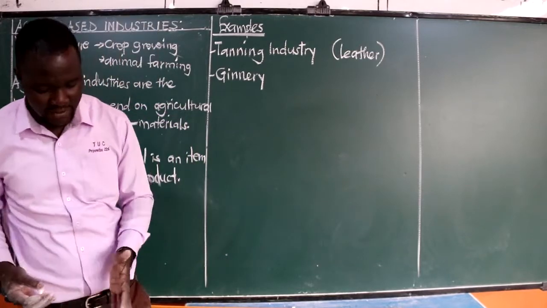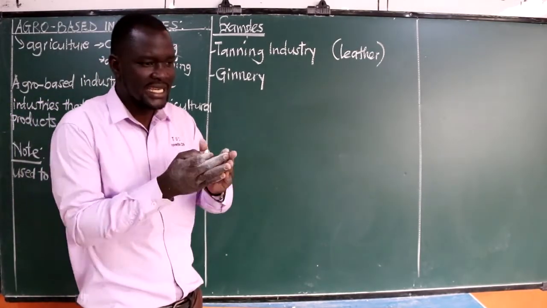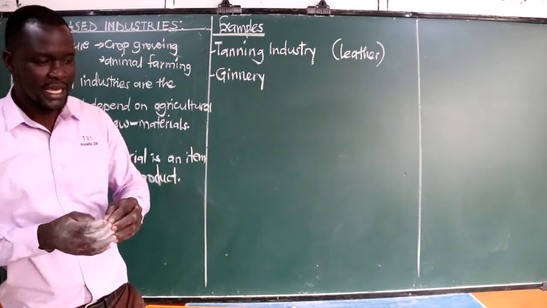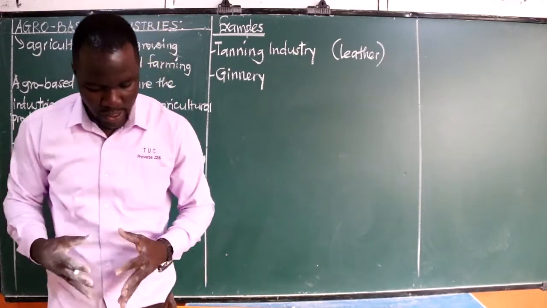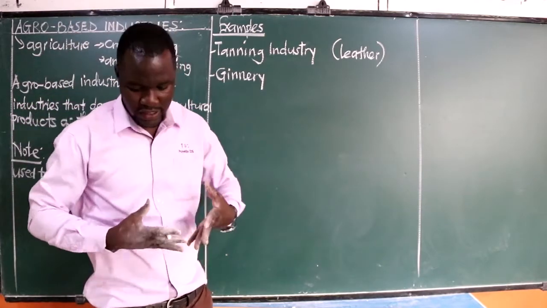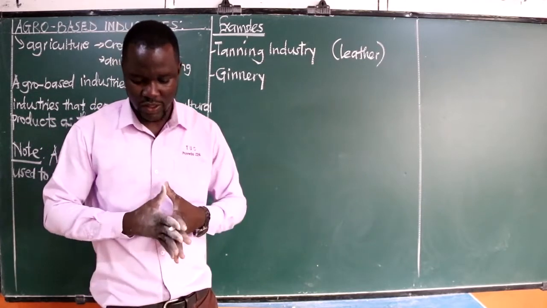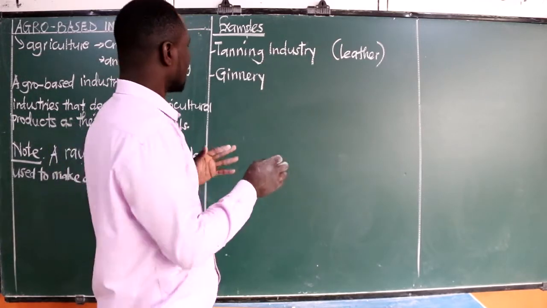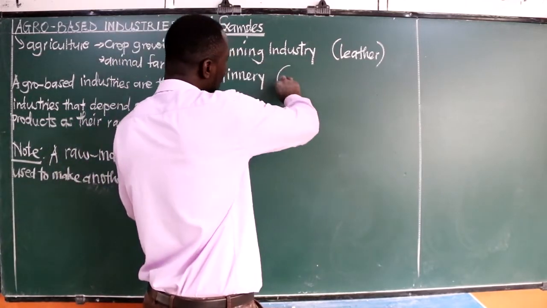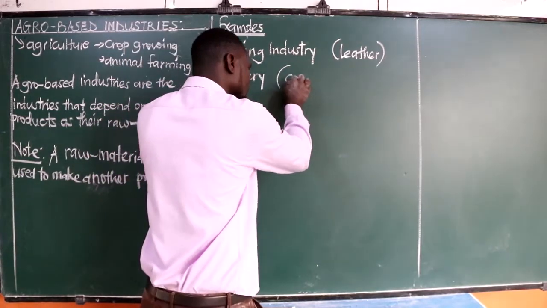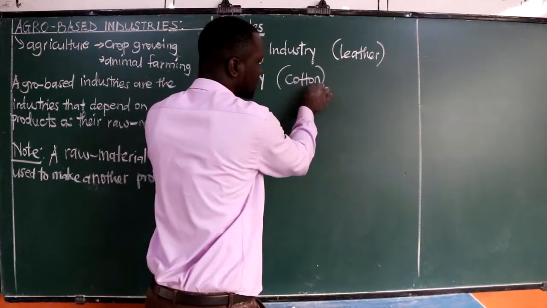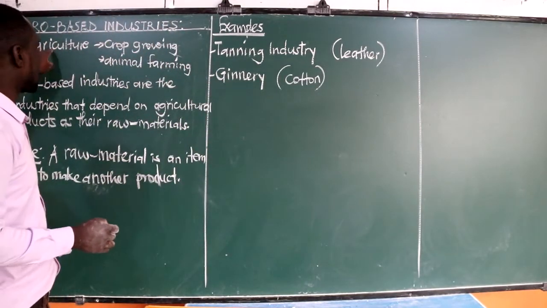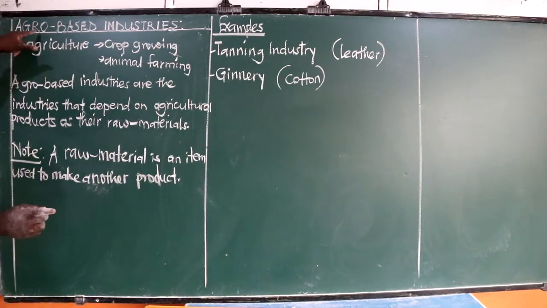Ginnery is a place where cotton lint is separated from the cotton seeds. The seeds are removed and the product remains as the lint. So what is used here? Cotton. Where is cotton from? From the garden, crop growing. That is part of agriculture. That's why we are calling this agro-based.